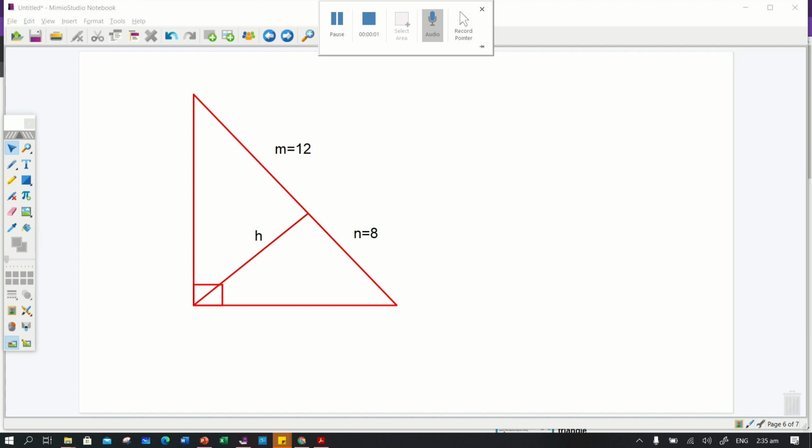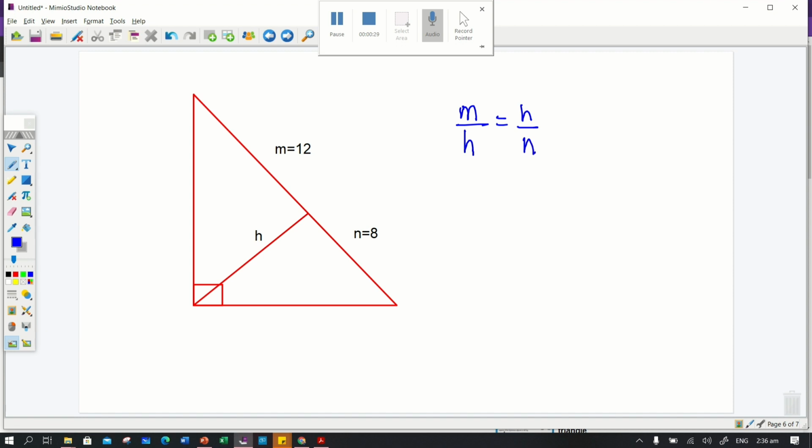Let's try another example. Suppose we're going to find the measure of h, and take note, h here is your altitude. So again, to find the measure of this altitude, we're going to write the proportion. First, we have m. Okay, so m all over the altitude h is equal to h all over n.